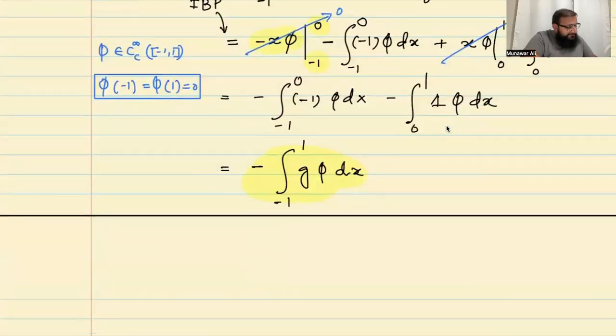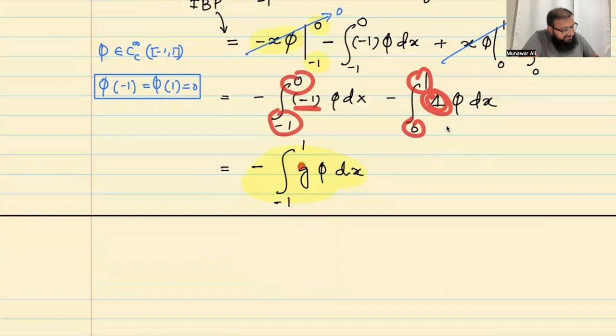So what is my g? You can see that the value of g from -1 to 0 is -1, and from 0 to 1 it's 1. This is how I define g. This is the weak derivative of this function. So how can I define g?